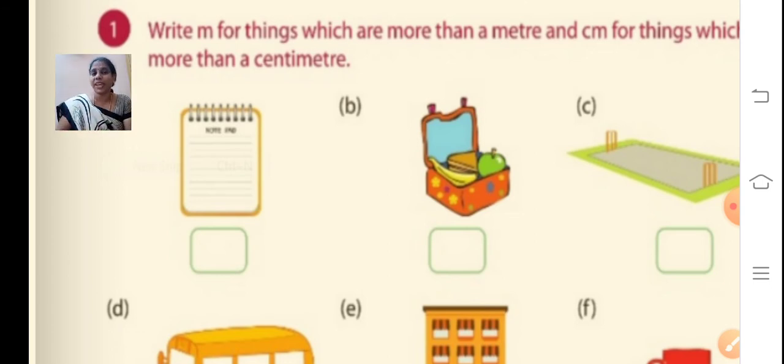If the object is small, we can use centimeter. If it is very lengthy, we cannot use centimeters; we have to measure with the help of the tape. Notepad is little small only, so this is centimeter.